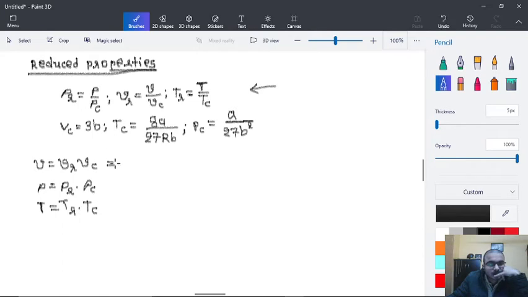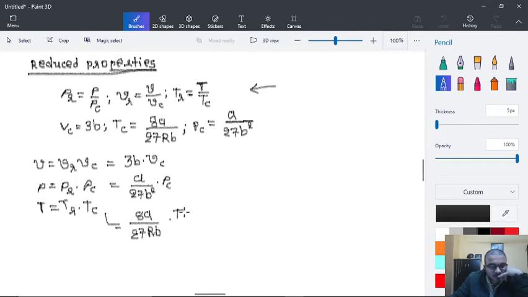So finally here what we should be writing is 3B into VR, then instead of PC we can utilize this, that is a divided by 27 b square into PR, and here also we are getting 8a divided by 27 Rb into TR. That is the final thing that we are having here.